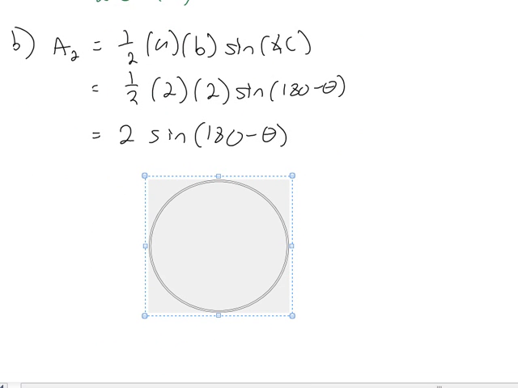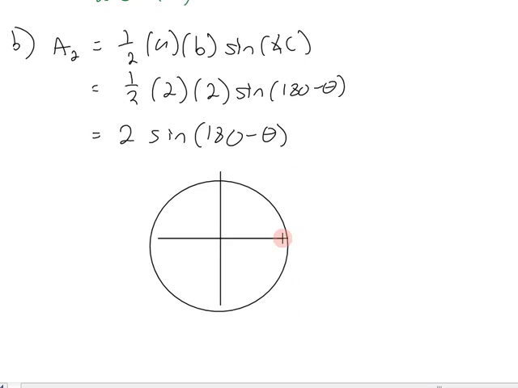So we'll draw a unit circle, and we'll draw some angle theta. If this is the angle theta, then this is the angle 180 degrees take theta, working backwards from the other side of the unit circle. And what we see is that the vertical component of this line is the same. So the sine of the blue line, whether you go this way or that way, is the same.